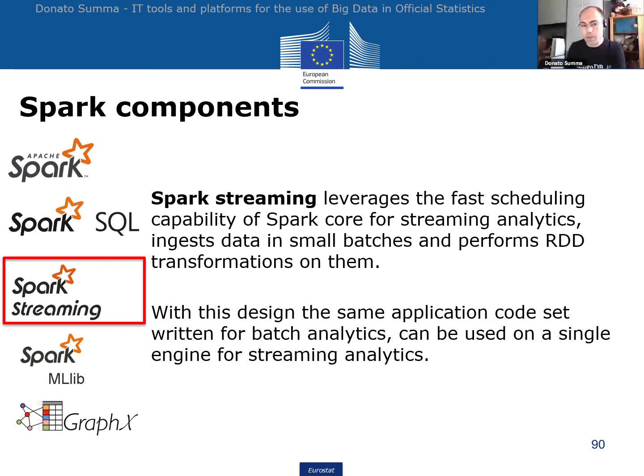The third important Spark component is Spark Streaming. Spark Streaming leverages the fast scheduling capability of Spark Core for streaming analytics, ingests data in small batches, and performs RDD transformations on them. With this design, the same application code set written for, let's say, batch analytics can be used directly on a single engine for streaming analytics.